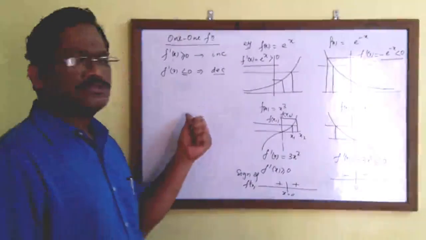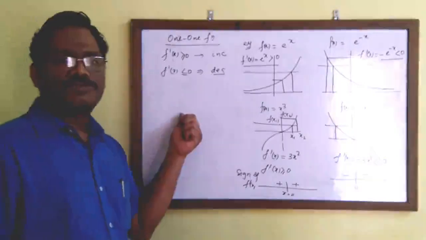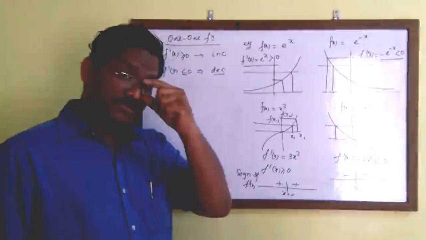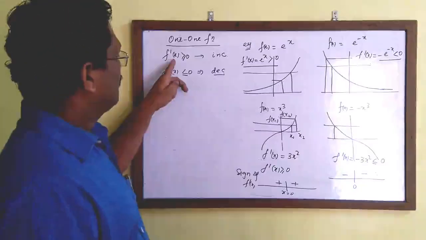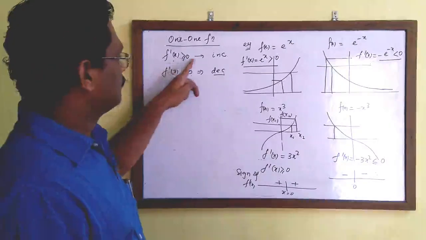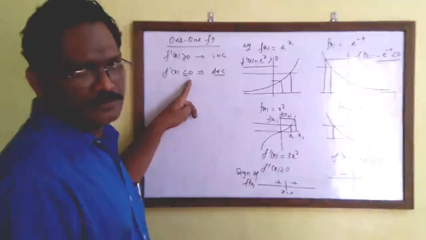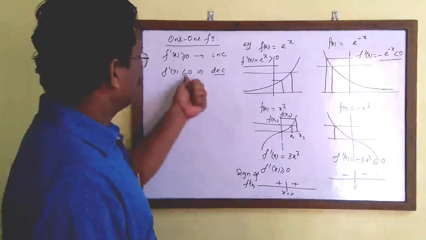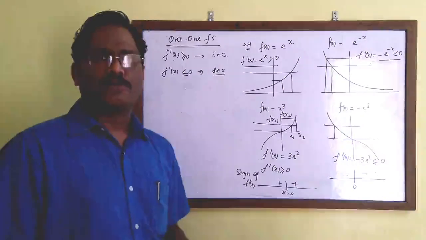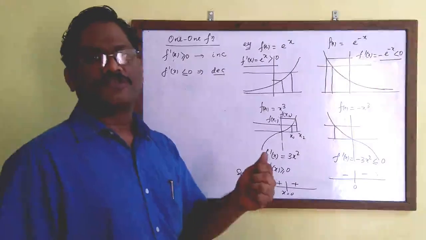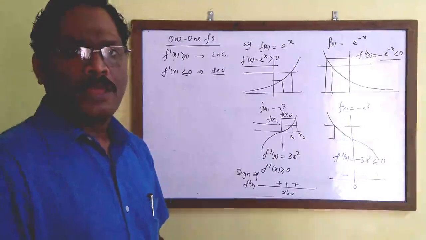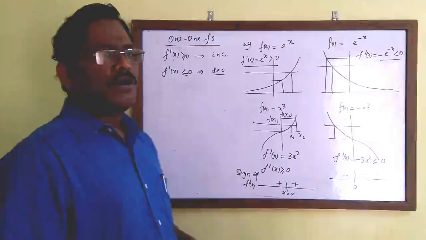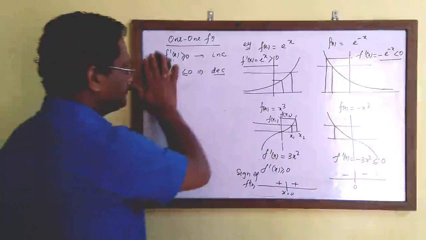And the third and most important method, which is applicable for differentiable functions: if f dash x is greater than or equal to 0 or less than or equal to 0, then the function is a 1-1 function, provided the equality occurs only at those points where the sign of f dash x does not change. Now let's check a few problems.